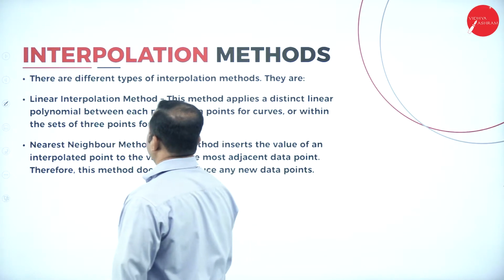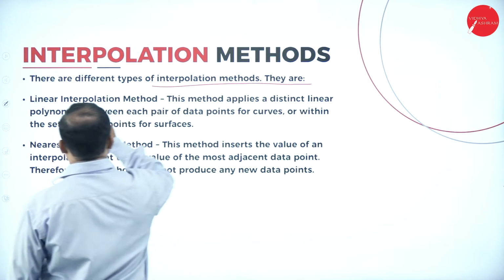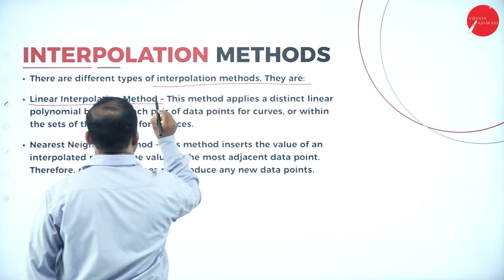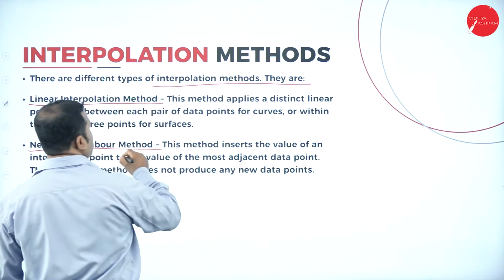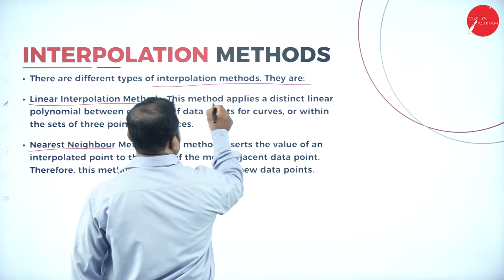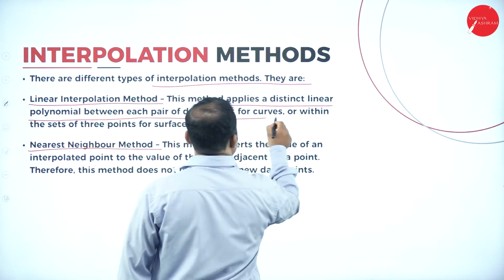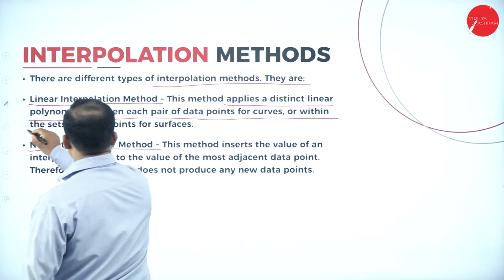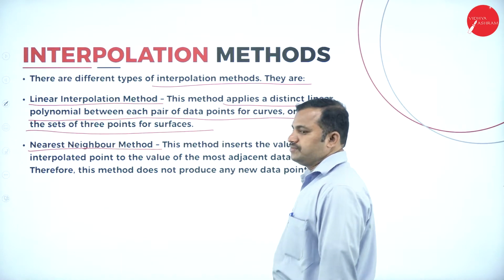There are different types of interpolation methods. The first one is the linear interpolation method. The second one is the nearest neighbor method. The linear interpolation method applies distinct linear polynomials between each pair of data points for curves, or within sets of 3 points for surfaces.